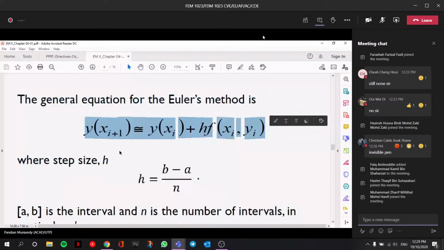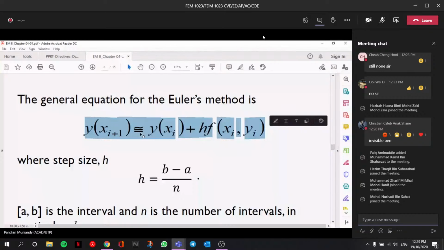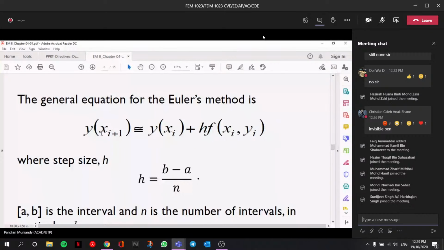This is y(x_{i+1}) approximately equals y(x_i) plus h f(x_i, y_i), meaning the small i we have to change. We start with i0, and then i1, i2, i3, i4, and so on.